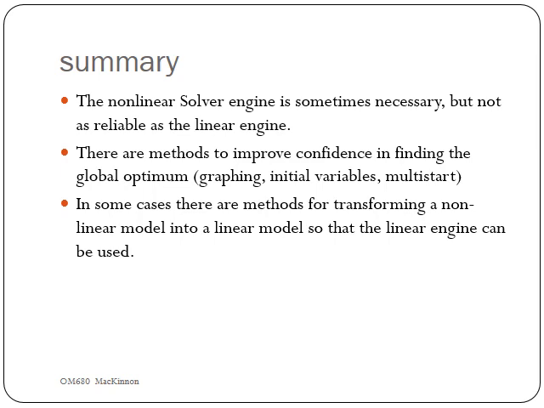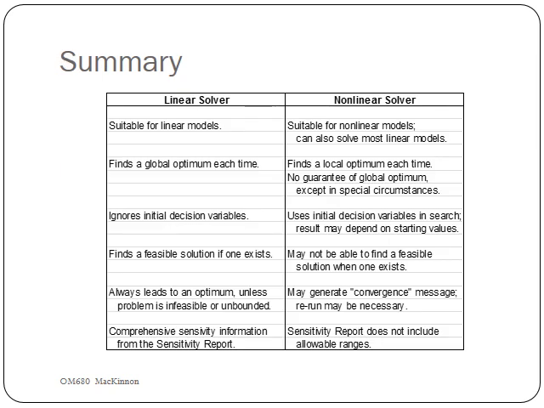They can be a pain, all right, but it can be done. And finally, here is a summary of the different advantages and disadvantages of the linear solver versus the nonlinear solver. Okay, that's it for chapter 8, and we will catch you at the next chapter.